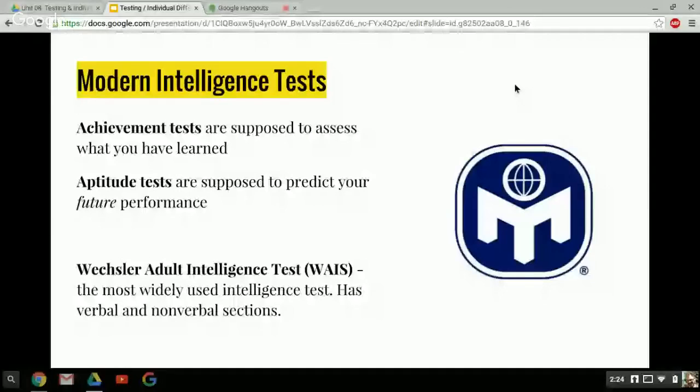This is just a quick fact you have to know for our exam, the Wechsler Adult Intelligence Test, or both verbal and nonverbal sections, things that deal with both like spatial reasoning and also words problem solving.